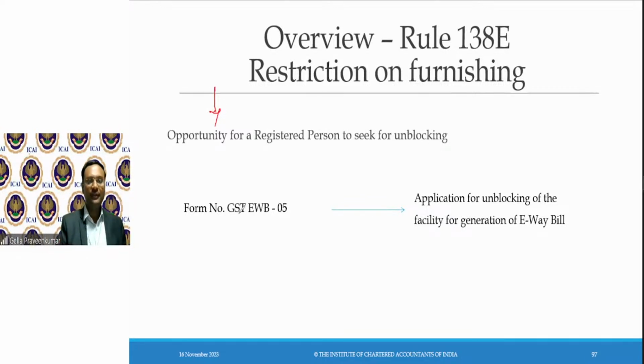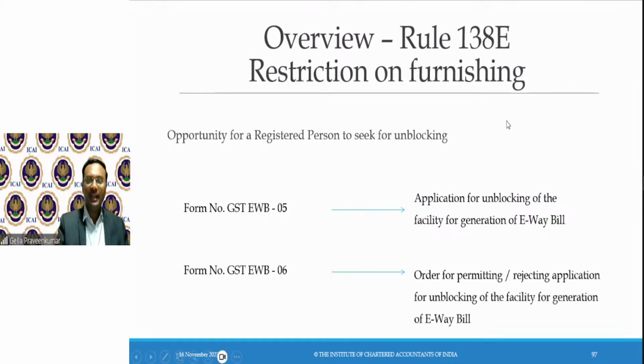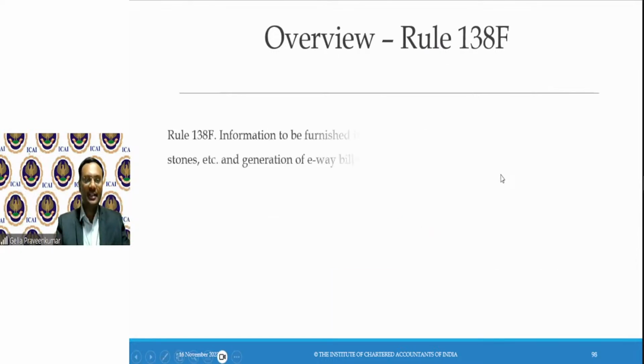Then, using Form 05, I make an application for what? Unblocking the facility of generating e-way bill. In that case, the commissioner may permit to open the e-way bill or may reject it for reasons mentioned therein. So the commissioner has the authority to either permit or reject the generation of e-way bill.